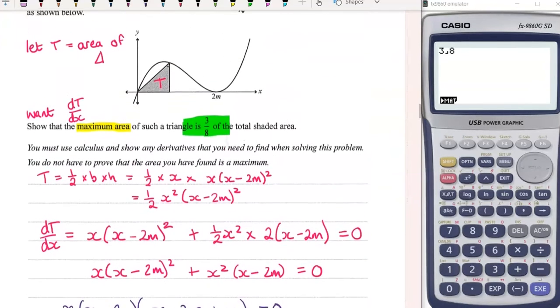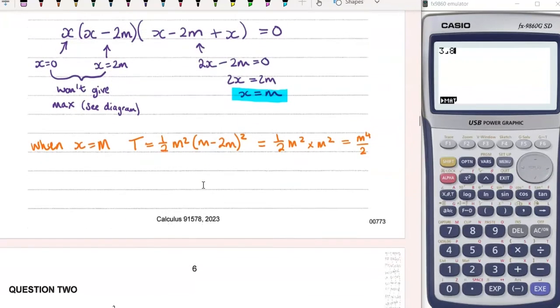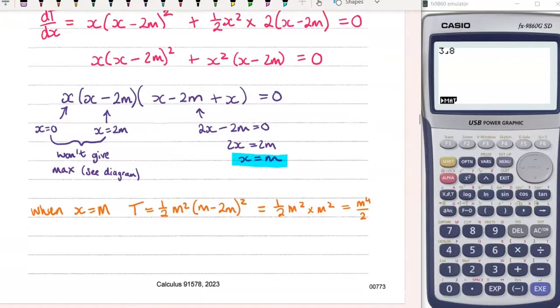Now back to what we were trying to work out, which is this part here. The area A is 4m to the 4 over 3. We want to show that this result we just got is 3/8 of that. So if we go to 3/8 times the area of A, that is equal to 3/8 times 4 over 3 of m to the 4.